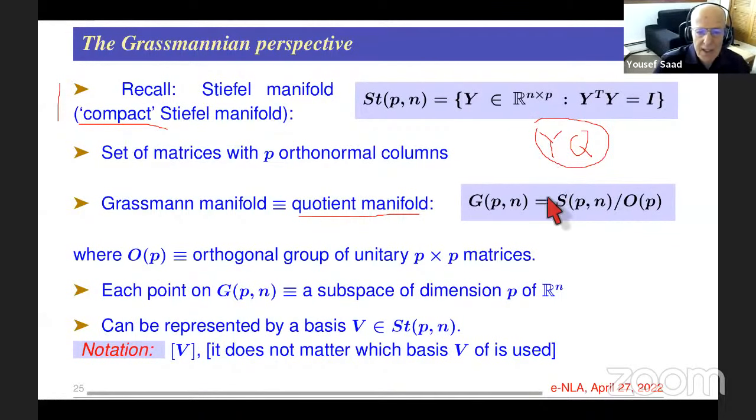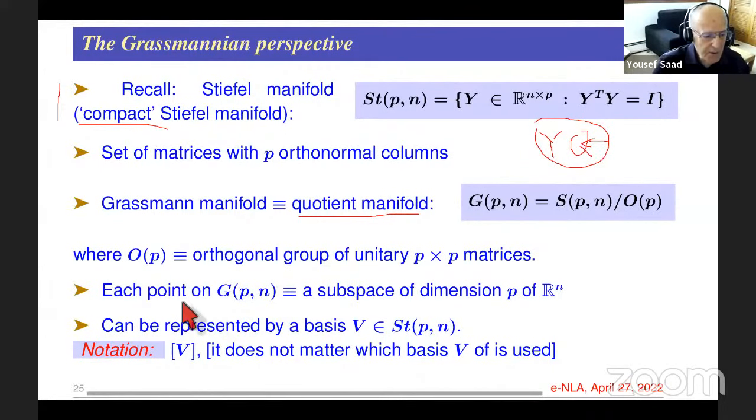So you can view this Grassmannian manifold as the quotient set that you get from the equivalence relation that's set by this, right? Two subspaces are the same if they can be exchanged from one to the other by a simple orthogonal transformation.